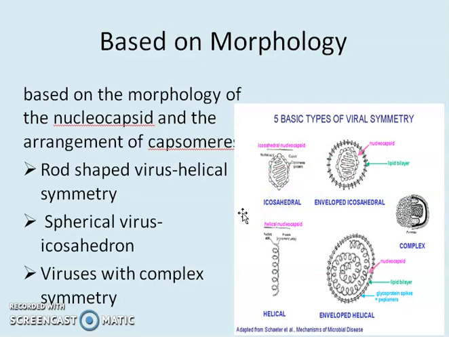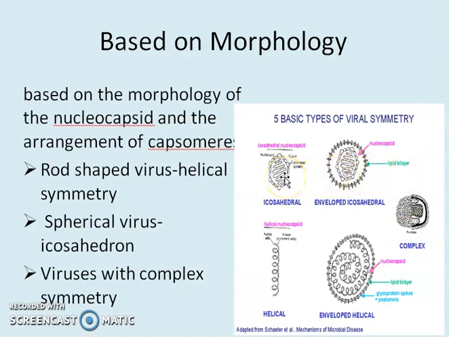An icosahedron is a spherical structure which has 20 faces, just like a football. That's a type of symmetrical arrangement. And some viruses have a complex symmetry, which is neither helical nor icosahedral, and they have a complex morphology.